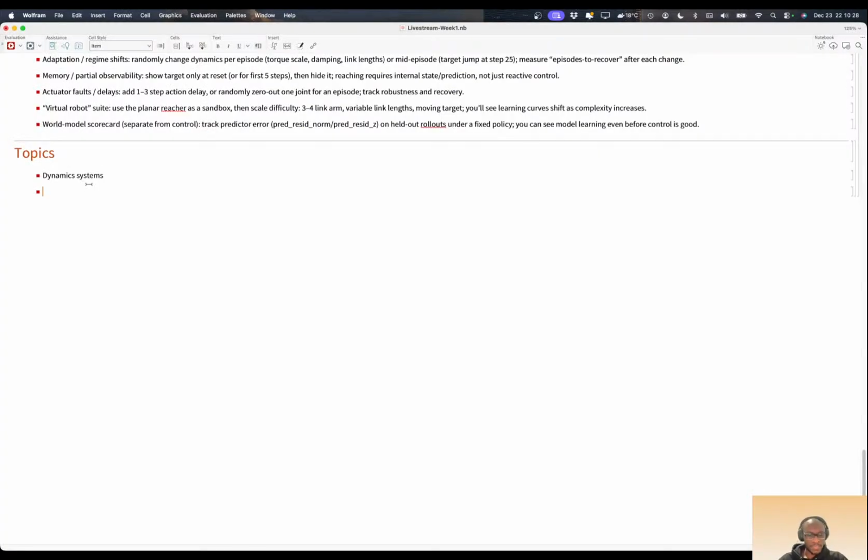The other one is adaptation. Adaptive systems, adaptive predictive coding.